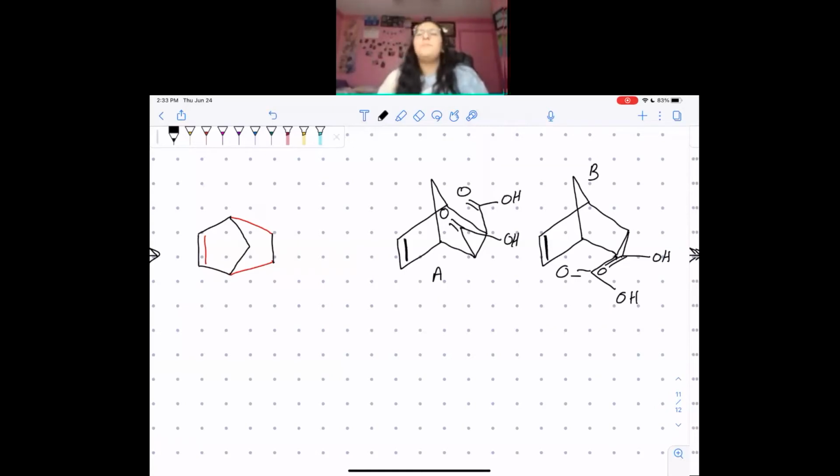I'm going to say B because look at that. We have the bridge head, we have these two oxygens. All of them are bumping into each other here, right? Here, they're kind of free on the bottom. Also, here, they're both pointing towards the double bond. So what's going to happen is the two carbonyls are going to stabilize the double bond. So you can think of it as another form of conjugation almost.